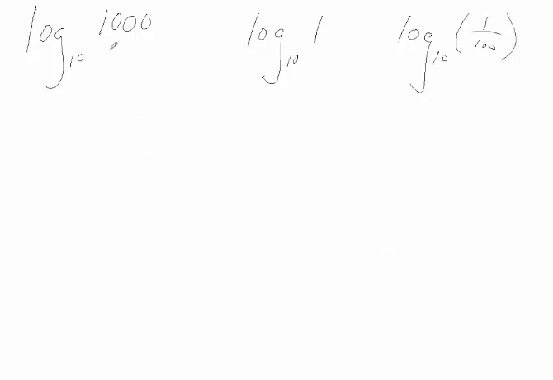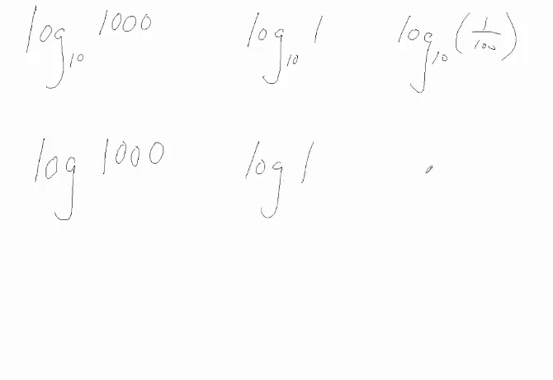So when we have log base 10, we're trying to figure out 10 raised to what exponent gives us 1,000, 10 raised to what exponent gives us 1, 10 raised to what exponent gives us 1 over 100. When we have log base 10, this can be simplified as just log. So if we don't have a base here, it means base 10. So log 1,000 means what exponent is 10 raised to make 1,000.